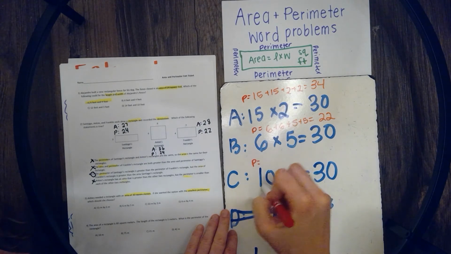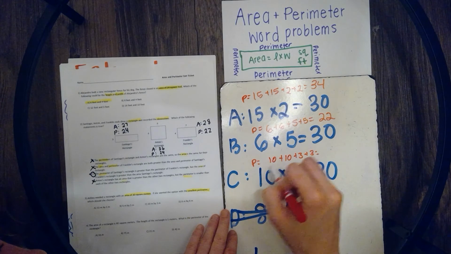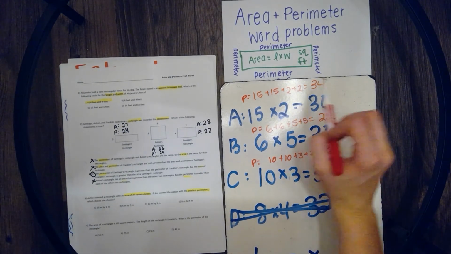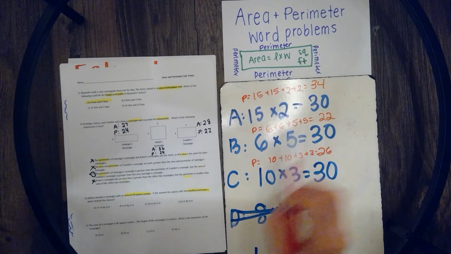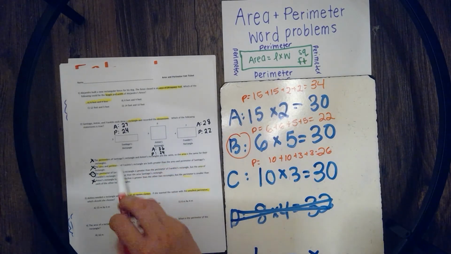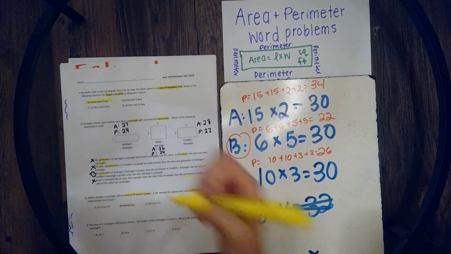Right here, perimeter equals 10 plus 10 plus 3 plus 3, 26. All right, you guys, so looking at A, 34, B, 22, or C, 26. My answer is B. This would give us the smallest perimeter, 6 by 5.